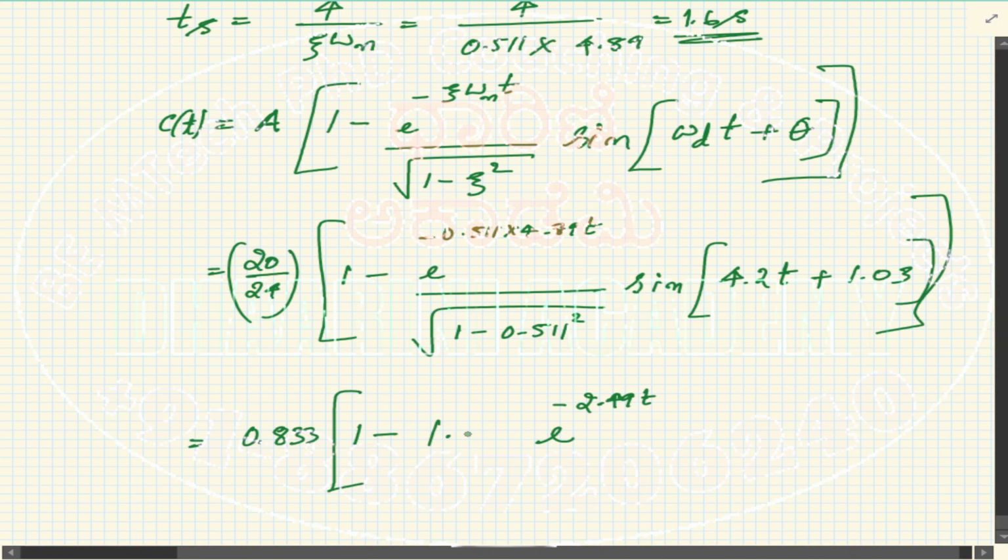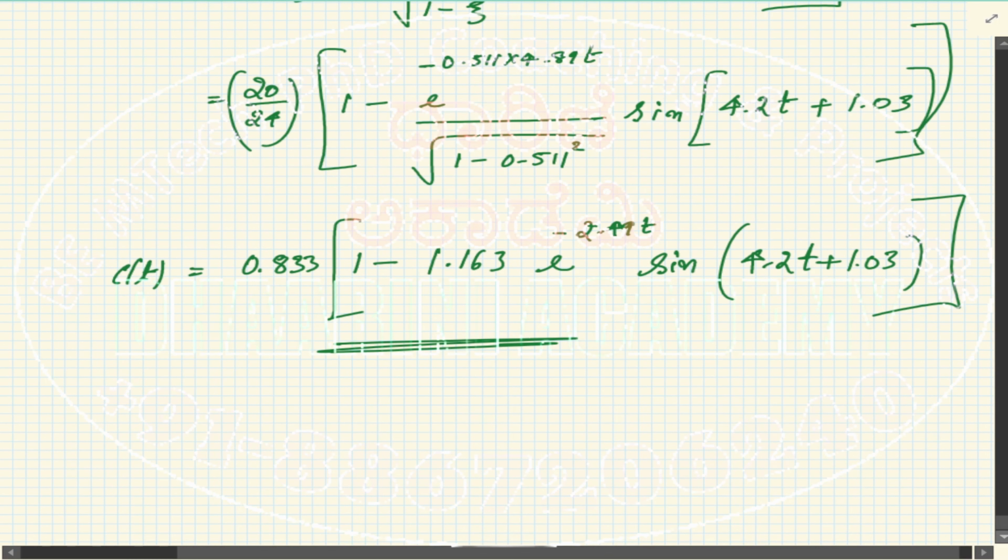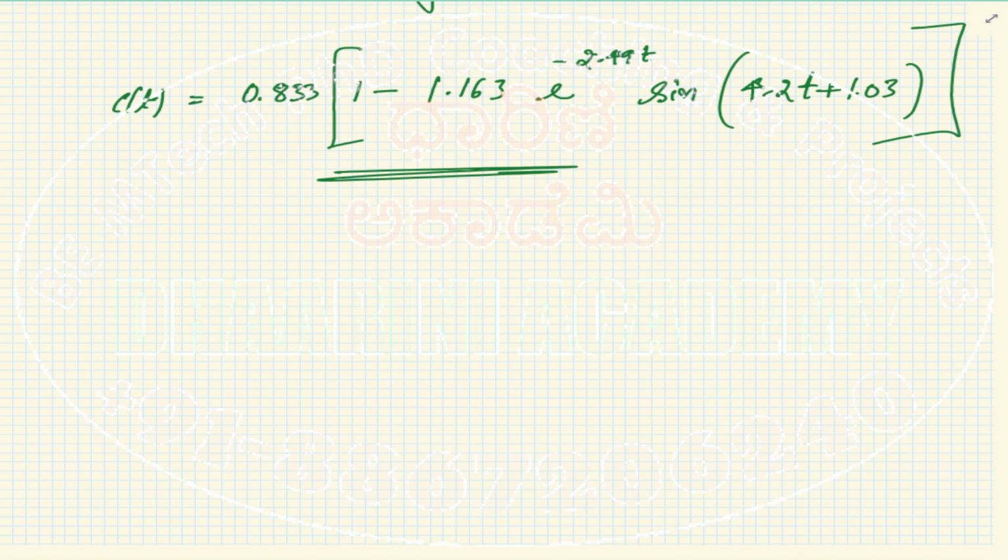This is 1.163 times e to the power minus 2.49t into sine of 4.2t plus 1.03, is the equation of output c of t when the input provided is a unit step function.